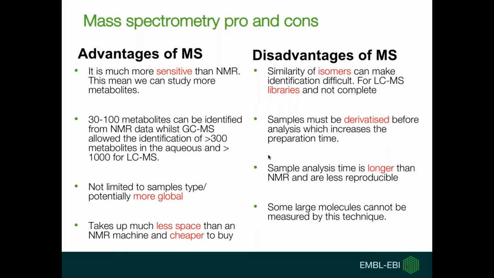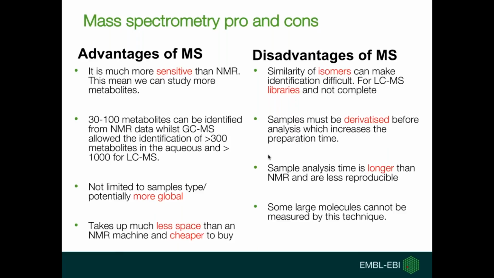But not all metabolites, because of dynamic range and physical and chemical properties, can easily become volatile. So maybe a liquid is better. You can do several separations based on liquid chromatography coupled to a mass spectrometer, and the number goes up again by two-fold or more in terms of the number of metabolites that you can measure.